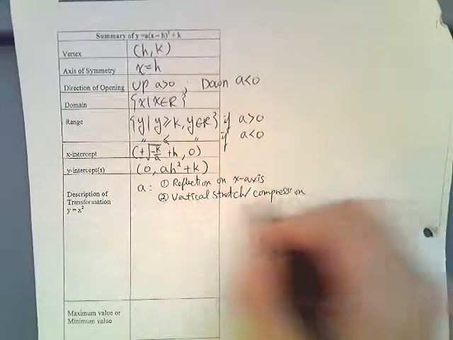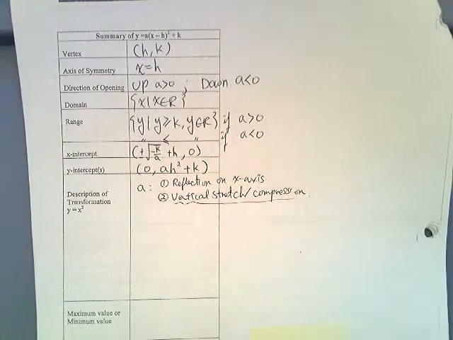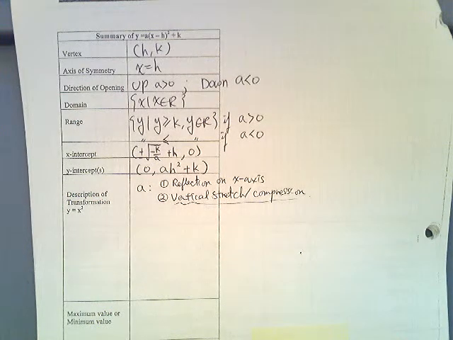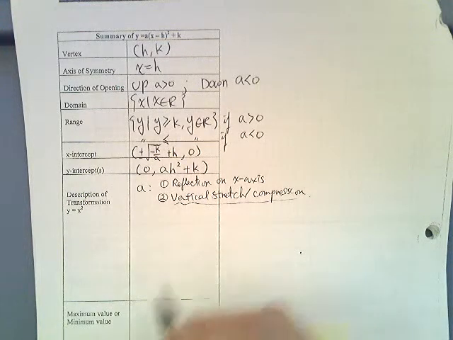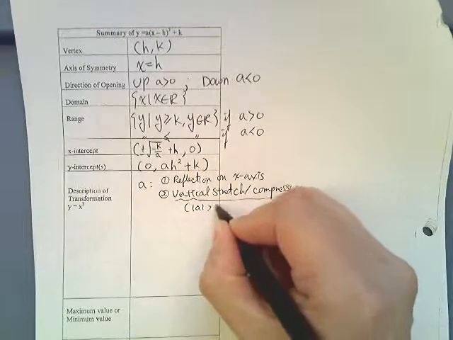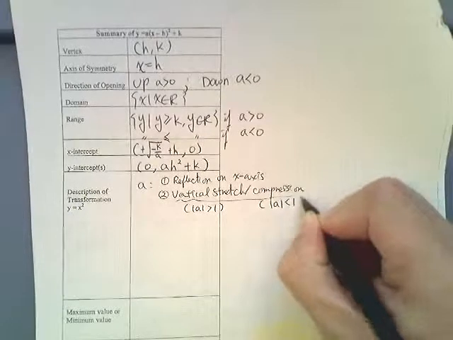Also remember, this one always follows up by a factor of. If it is a stretch, we simply use vertical stretch by a factor of a. If it is compression, then we say vertical compression by a factor of 1 over a. The vertical stretch is when the absolute value of a is greater than 1, and compression is the other way, less than 1.